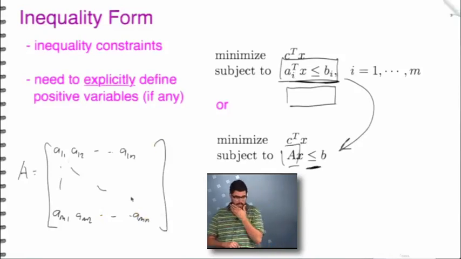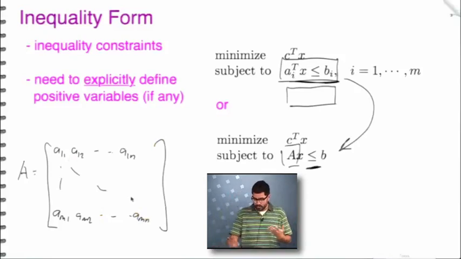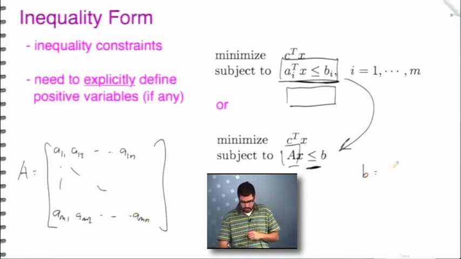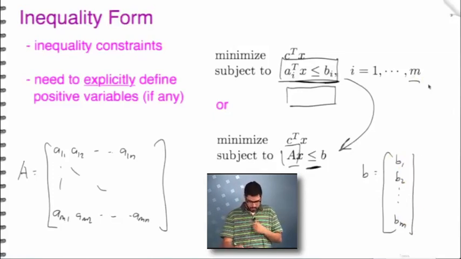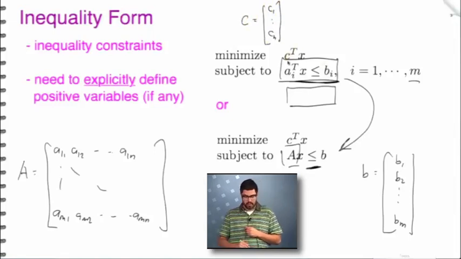Okay, so that would be our A matrix. And B, of course, again, same thing. You have your B1, B2, ..., BM, because there are M equations, right? And your C vector is C1, ..., Cn, because the C vector has to be n long to take the inner product with x. All right? So that's the only difference.